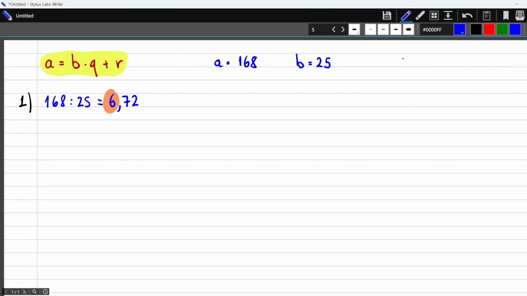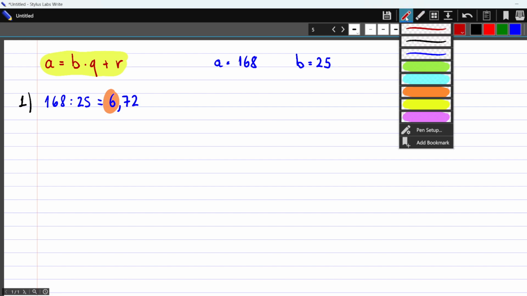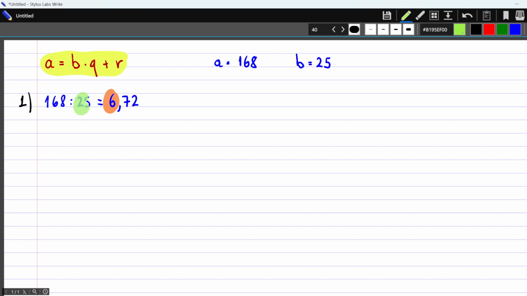So what we need to do next is this. We are going to pick this green number here and we are going to multiply it by this orange number here. This is 150.